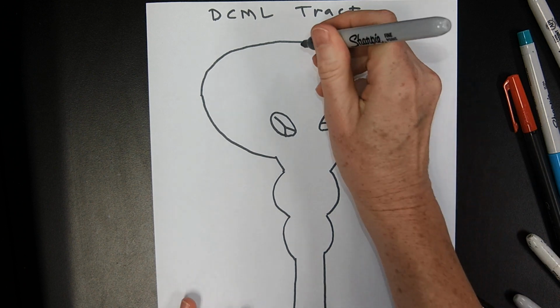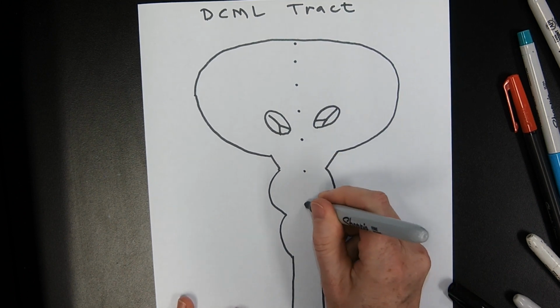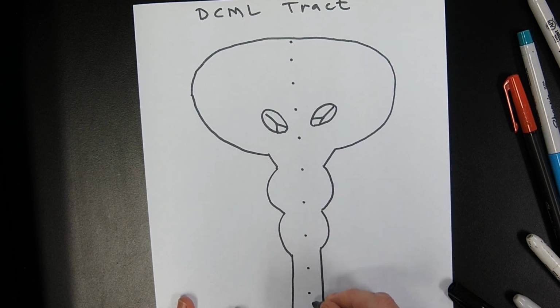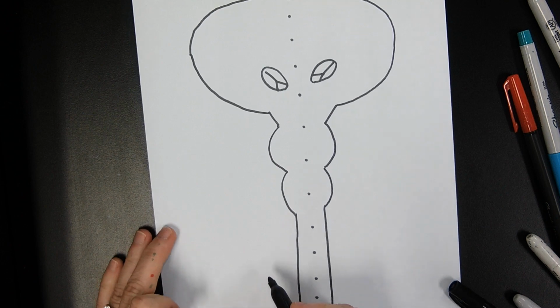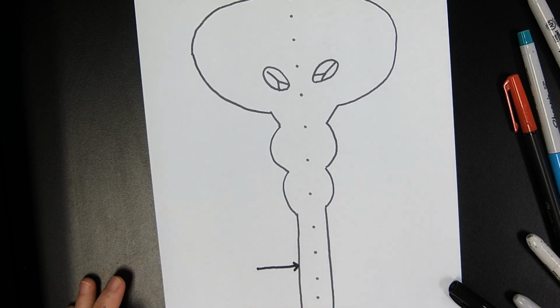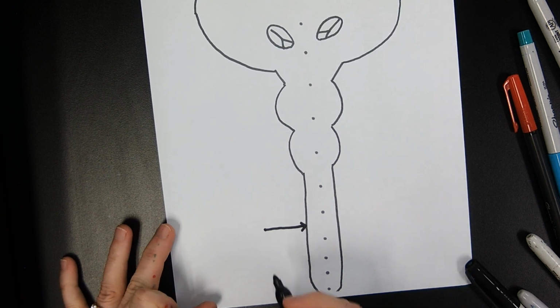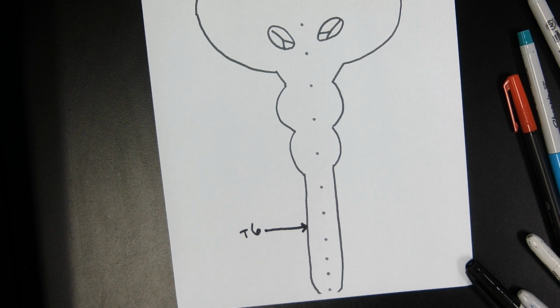So go ahead and put my dots in, because that's going to travel right down the middle. So we can clearly see the decussation of the internal arcuate fibers. And we're also going to label this point in the spinal cord right here, I'm going to say that is T6, just to give us a landmark.